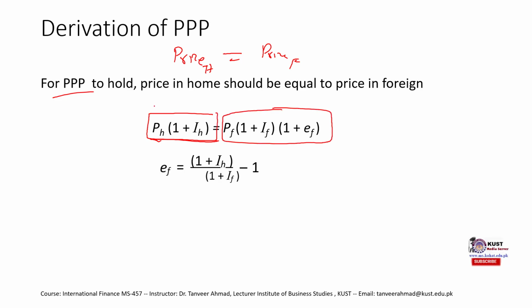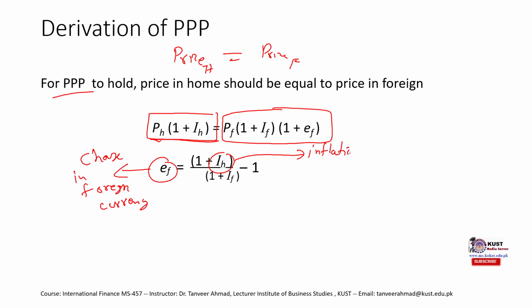And if we simplify this equation, then the change in the foreign currency would be equal to 1 plus the inflation in the home country over 1 plus the inflation IF, which is the inflation in the foreign country.